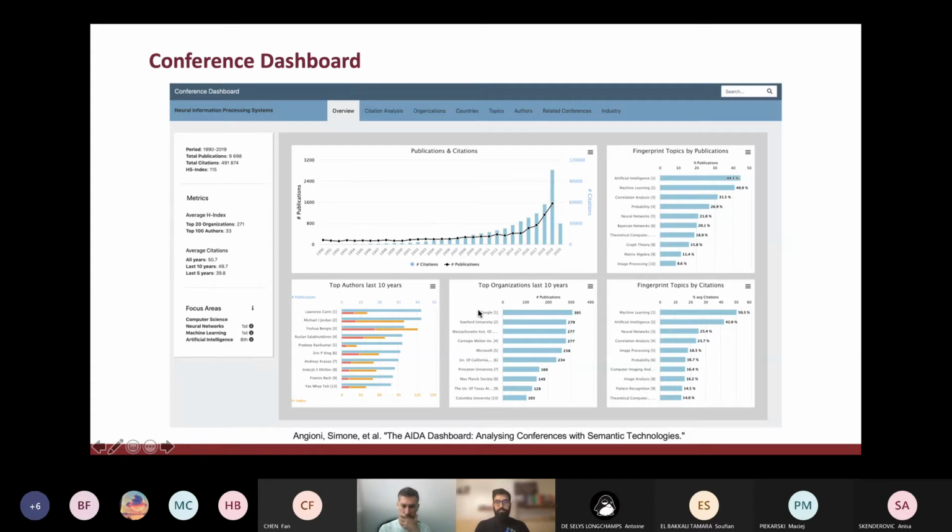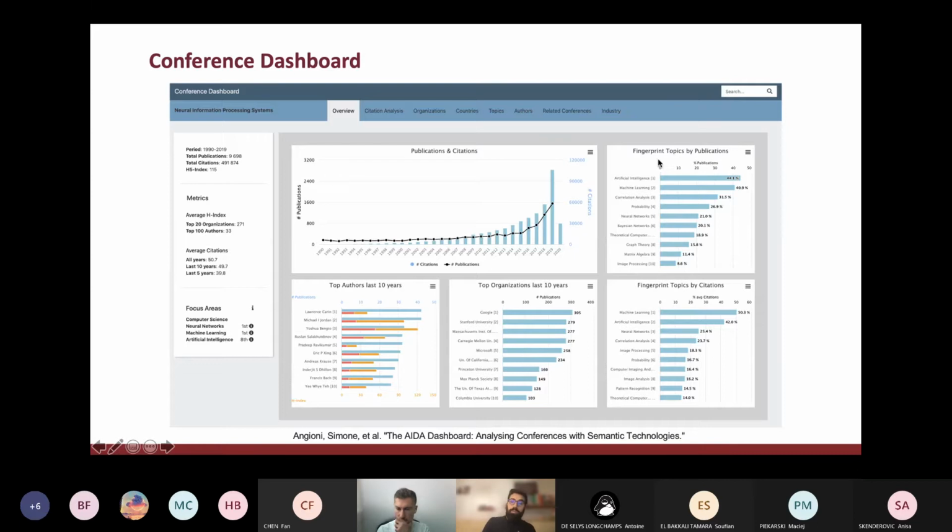Then on the right, you can see a glimpse of what this conference is about. So how many papers have been published over time, how many citations the papers published in this conference received over time, what are the fingerprint topics by publication and the fingerprint topics by citation.